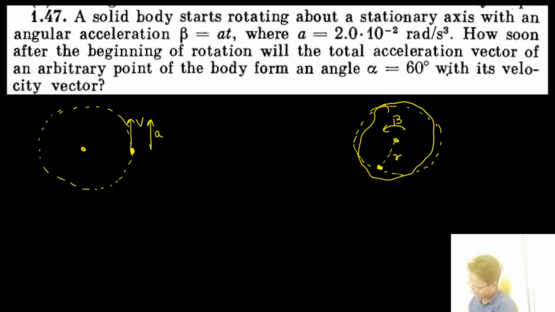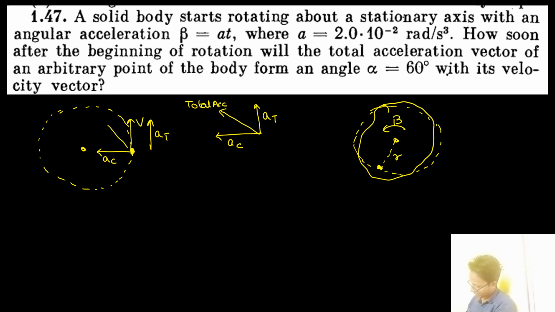That is called the tangential acceleration. And there is one more acceleration in circular motion, that is the centripetal acceleration. And centripetal acceleration is always required to keep the body in circular motion. Now see, this centripetal acceleration and tangential acceleration will make a total acceleration.